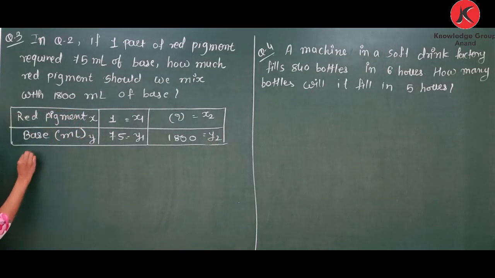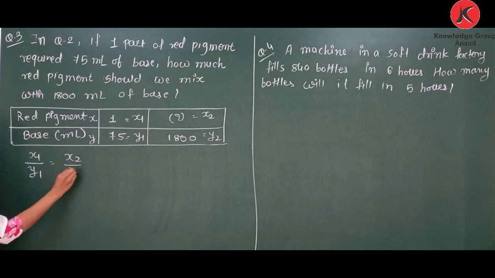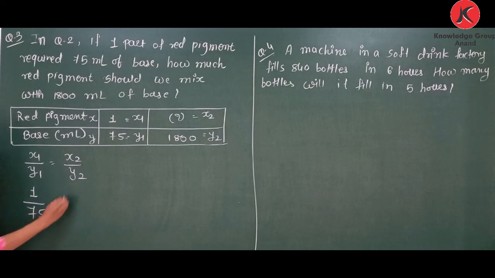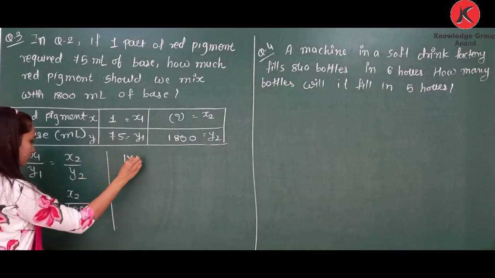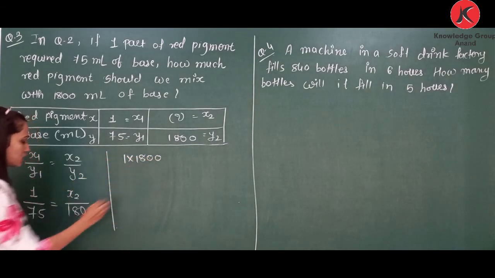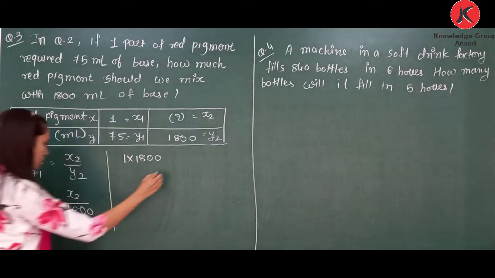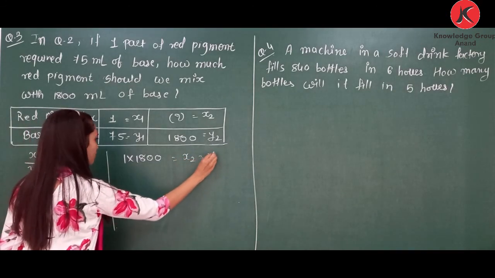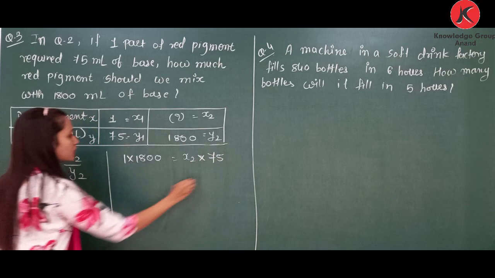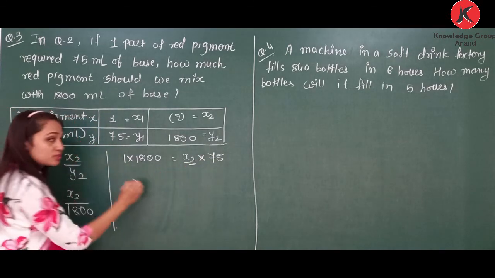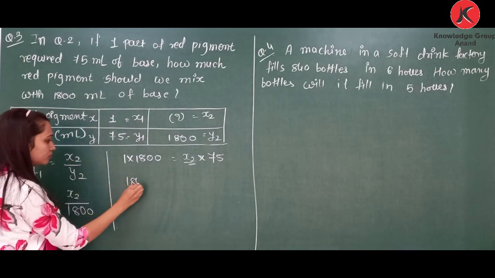So direct proportion, so x1 divided by 1 is equal to x2 divided by 2. Now x1 is 1, y1 is 75, y2 is 1800. Cross multiply. 1 is multiplied with 1800, x2 is multiplied with 75. x2 we need to find, so take 75 and divide.